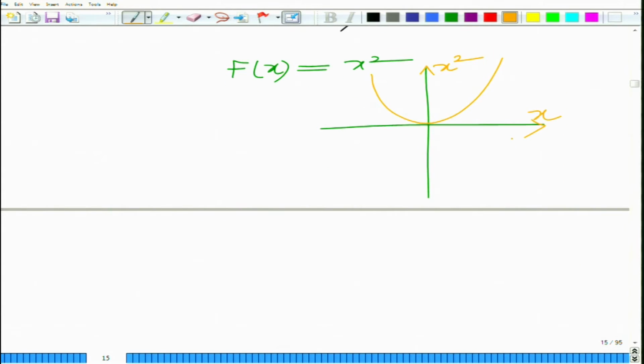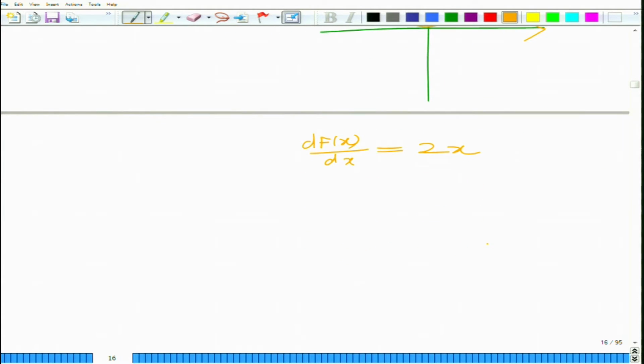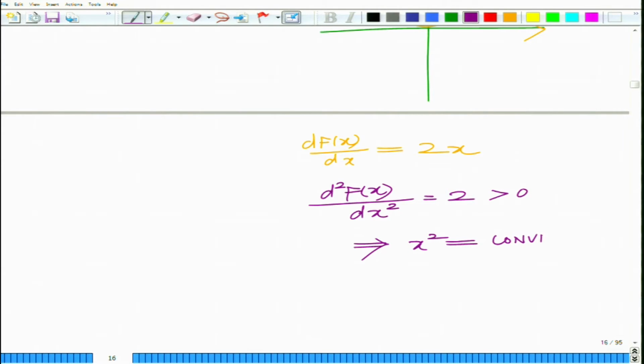If you take, this is very straightforward, df(x)/dx equals 2x, and d square f(x)/dx square equals 2, which is greater than 0, implies x square is convex. Okay, x square is a convex function.